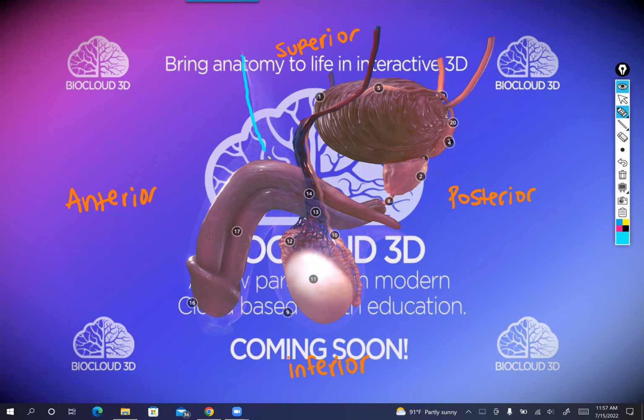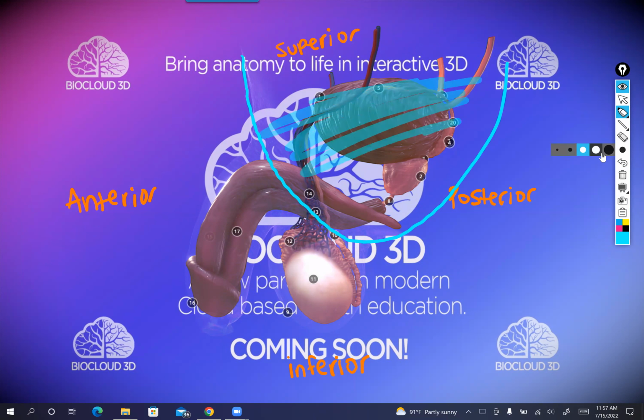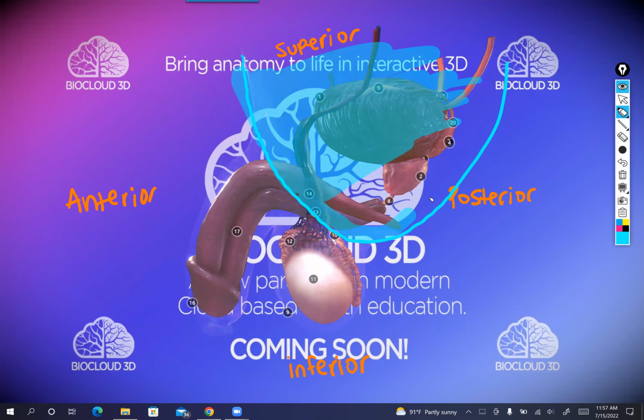So this little divider line that I'm making here, all the stuff that I'm highlighting here is inside of the pelvis. So everything in the blue highlighted region is in the pelvis. And then everything that is not highlighted is outside of the pelvis.